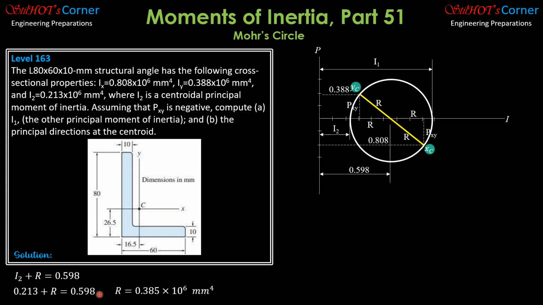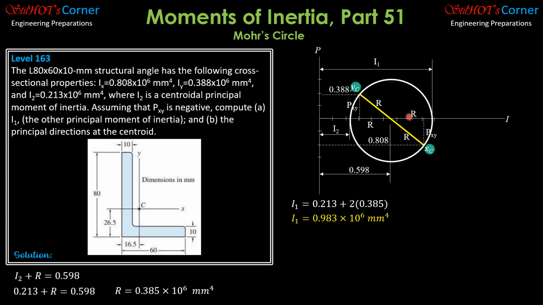So that means R is equal to 0.385 times 10 to the 6 mm to the fourth. So from the figure, I1 is equal to I2, 0.213 times 10 to the 6, plus 2R. So computing for I1, I1 is equal to 0.983 times 10 to the 6 mm to the fourth.